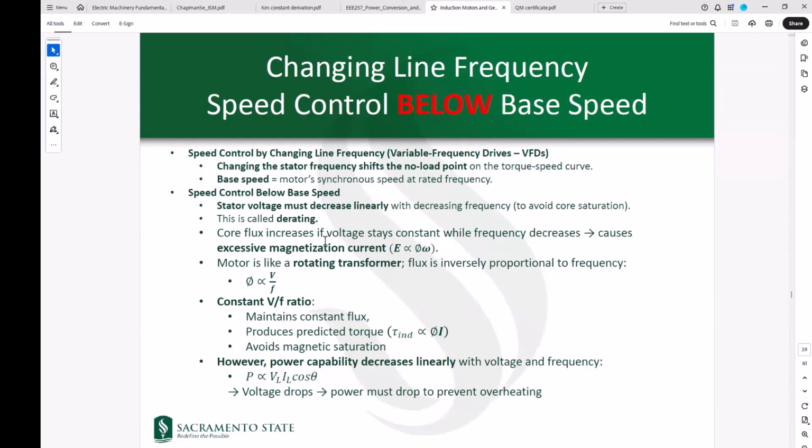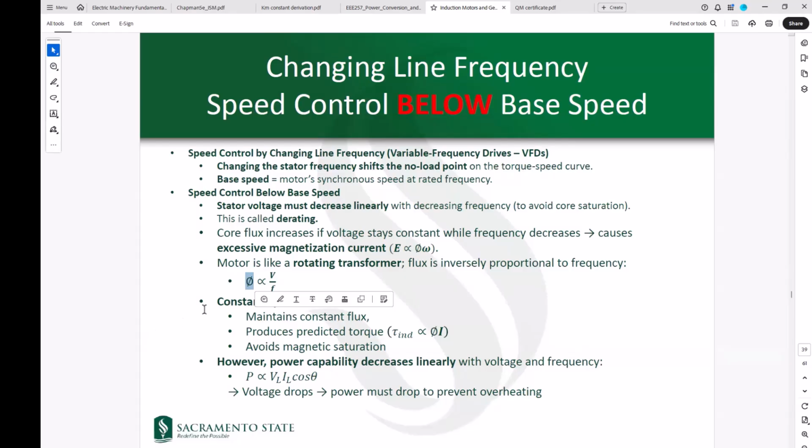Why are we reducing the voltage of the source as we are decreasing the frequency at the same time? That's because the flux in the machine is proportional to the voltage over frequency. So if you are decreasing the frequency and you are not decreasing the voltage proportionally, you would be increasing the flux, right?